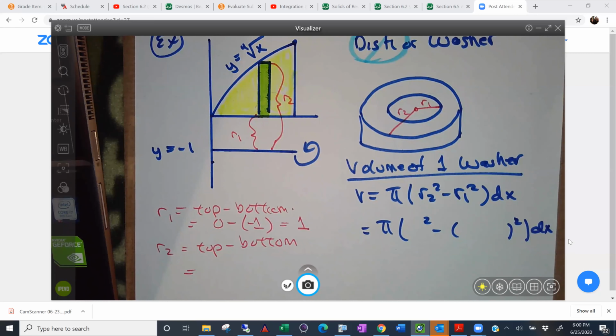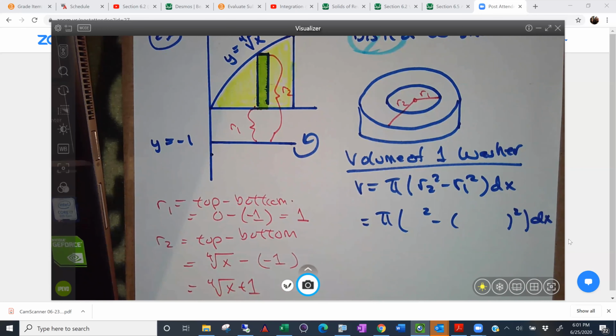Any takers? R2, what's the top? What's the height at the top? Fourth root of x. Thank you both. Fourth root of x minus, 1 or -1? -1. And like the last one, that double negative becomes a positive. So this becomes the fourth root of x plus 1.